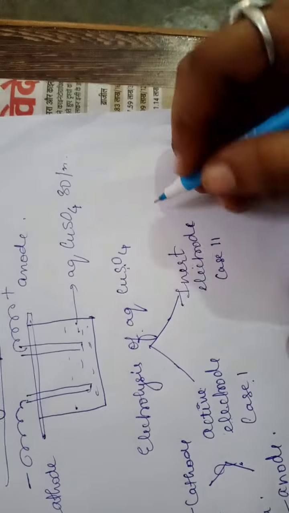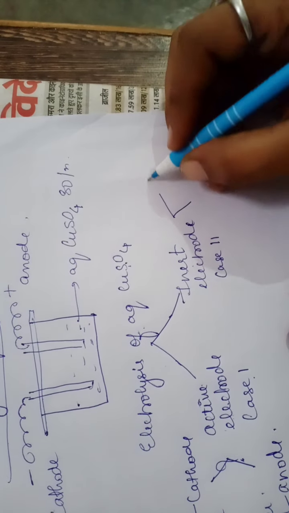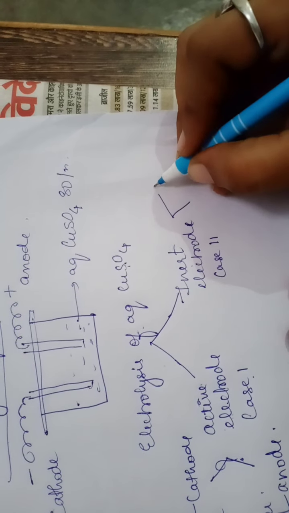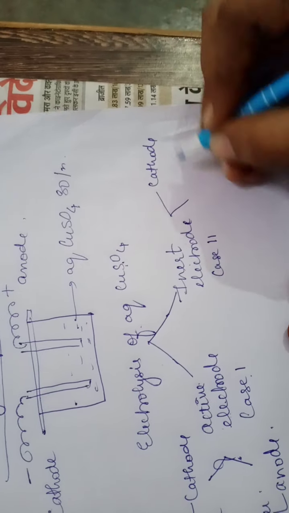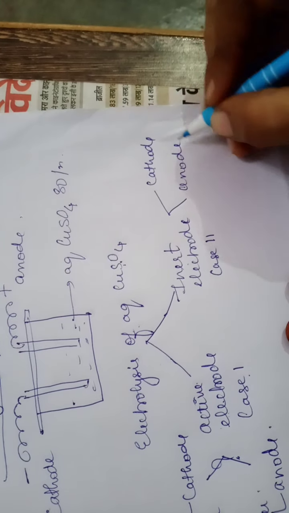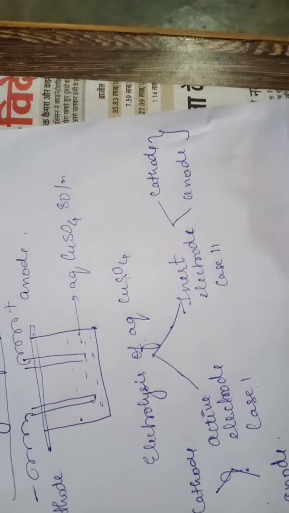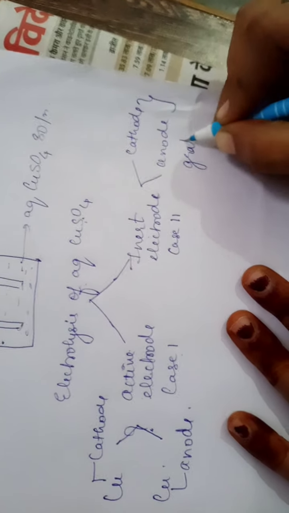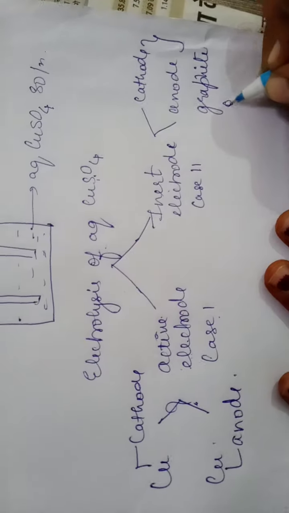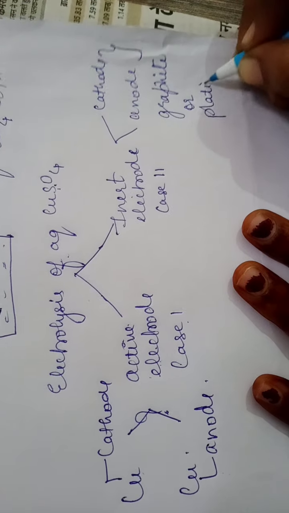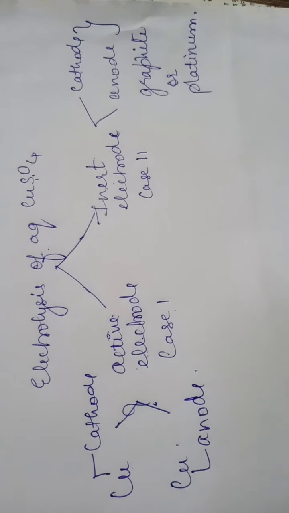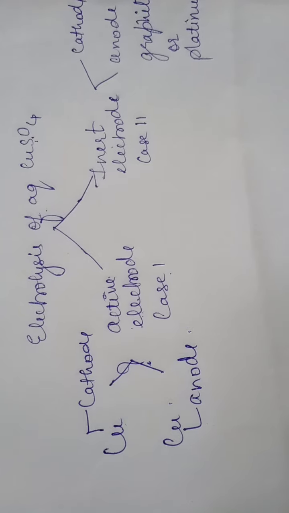And here we will use inert electrode. Both the inert electrodes, that is cathode and anode, are made up of, say, graphite or platinum. Maybe graphite or platinum. Are you getting? I hope that you are able to understand.